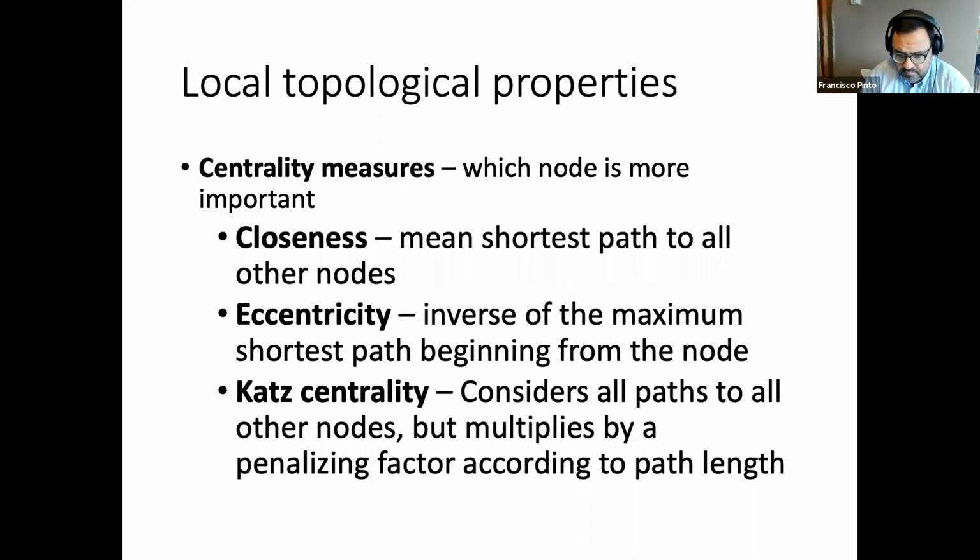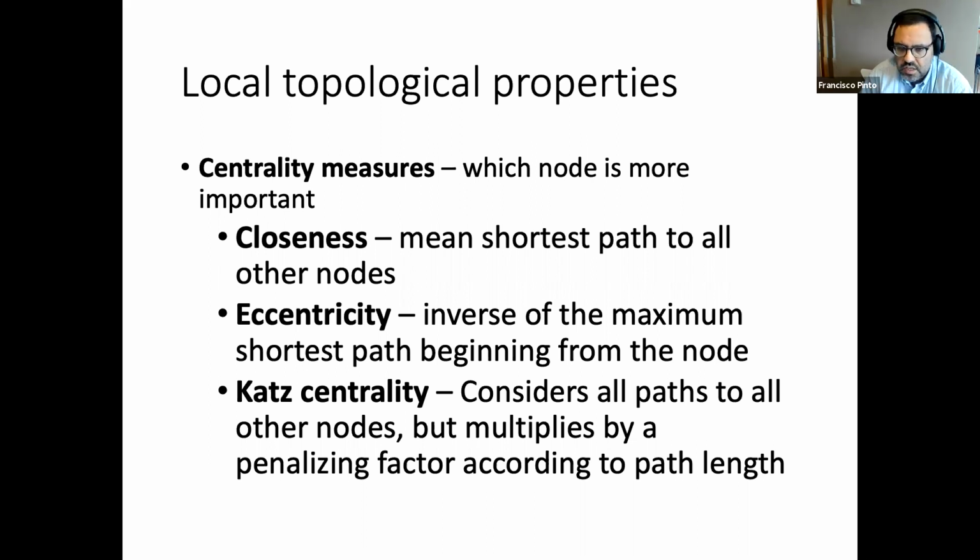So it measures the number of paths of each length to any other node in the network, and gives more weight to nodes that reach a higher number of other nodes in the network with shorter paths, but not necessarily the shortest path. So these are all variations.